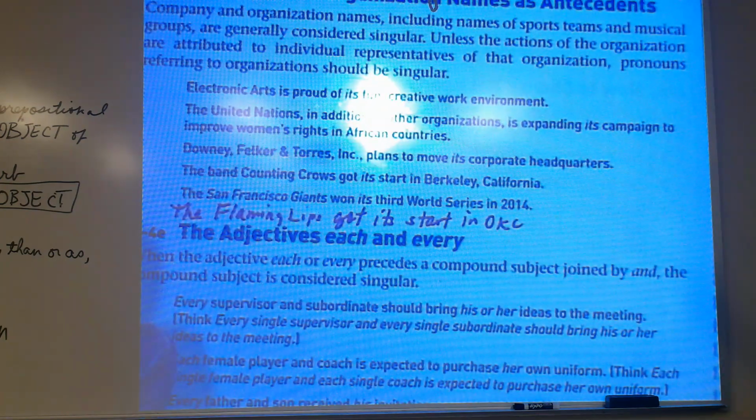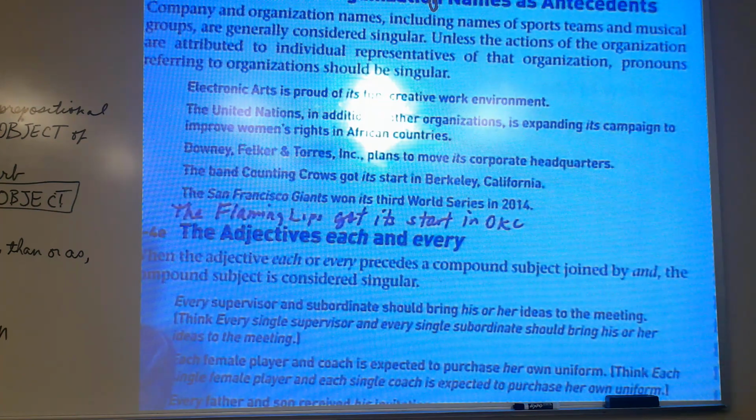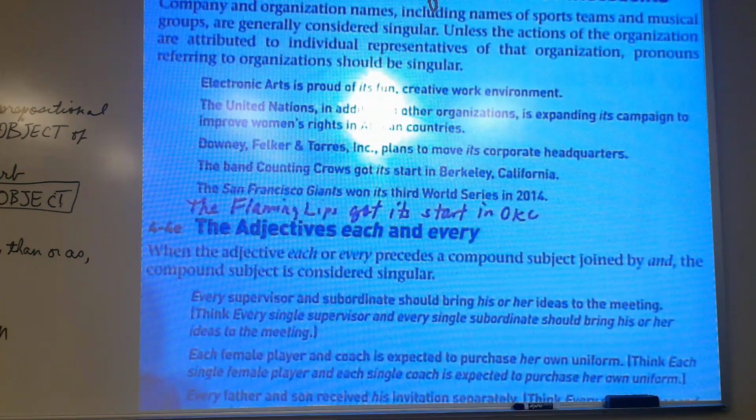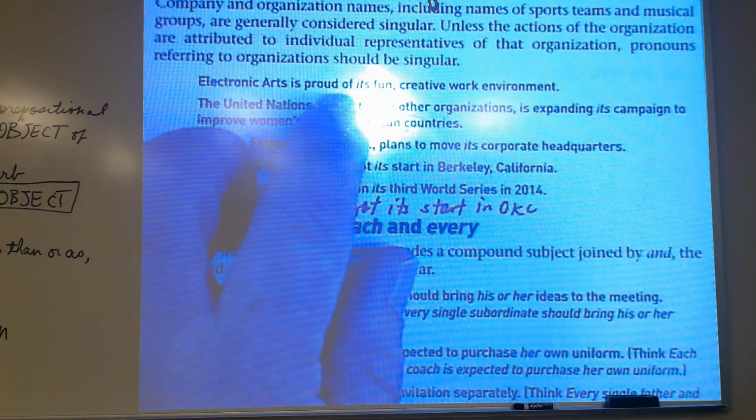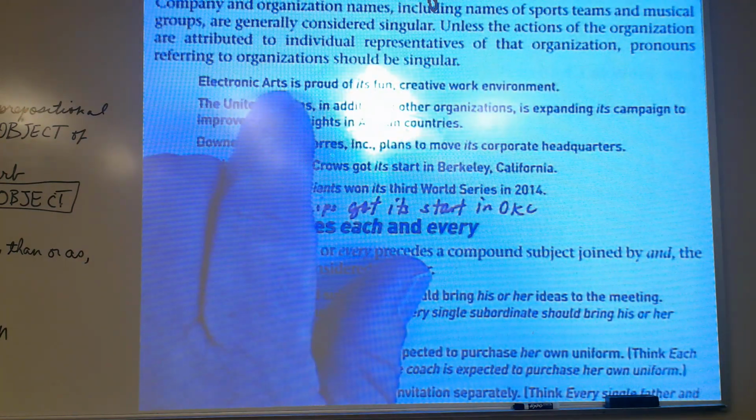Company names, book titles, movie names, even though they look like they're plural, should always be singular. So Electronic Arts is proud of its fun, creative work environment. That's the name of a company.